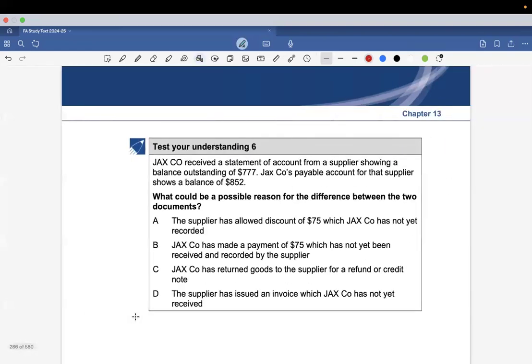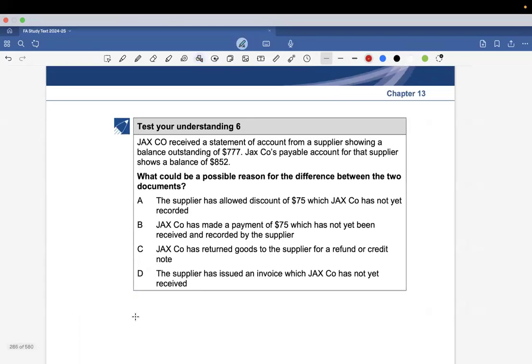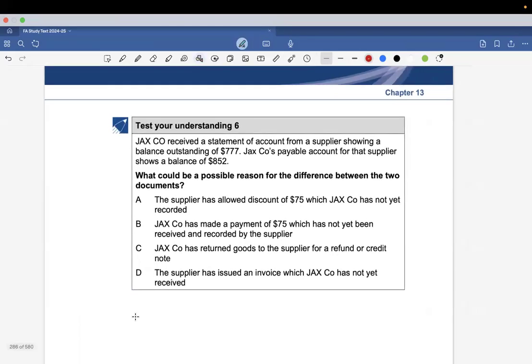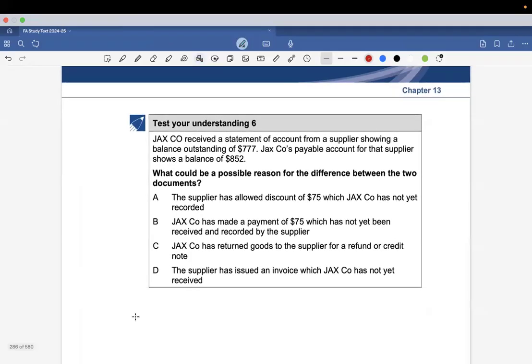Now the next one, test your understanding 6. Jack's company received a statement of account from a supplier showing a balance of 777. Jack's company's payable account balance for that supplier shows 852 as a balance.